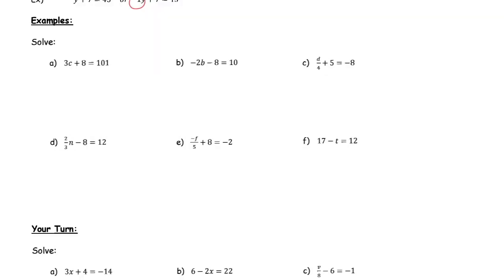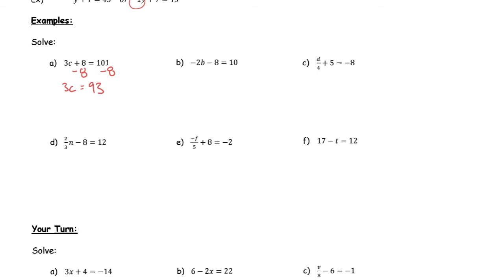We're going to solve the following equations. Our first one is 3c plus 8 is equal to 101. The first thing I'm going to do is eliminate the second term by subtracting 8 from both sides. Because those are inverses of each other, 8 minus 8 gets me 0, and on the right-hand side, 101 minus 8 will be 93.